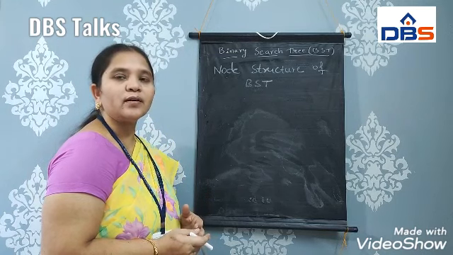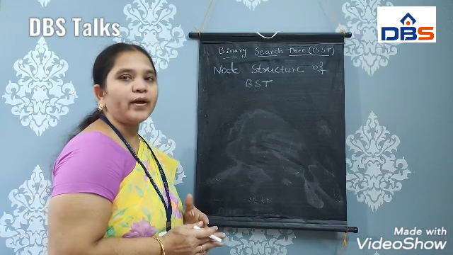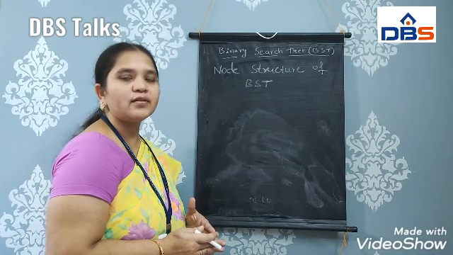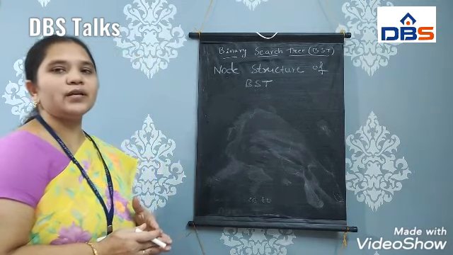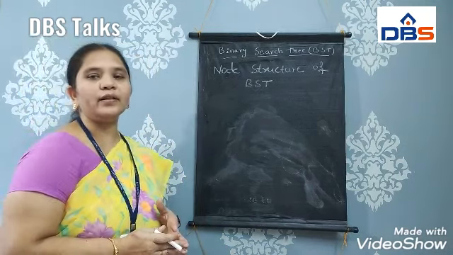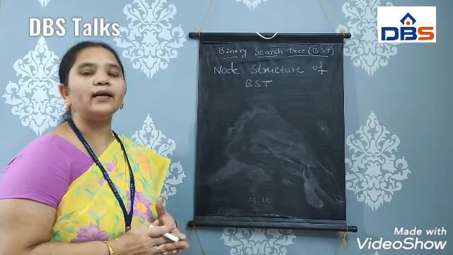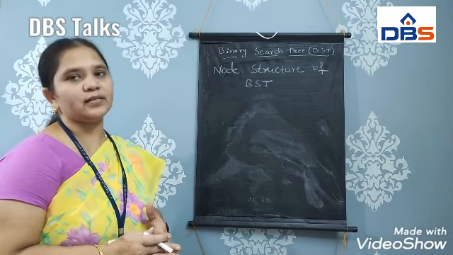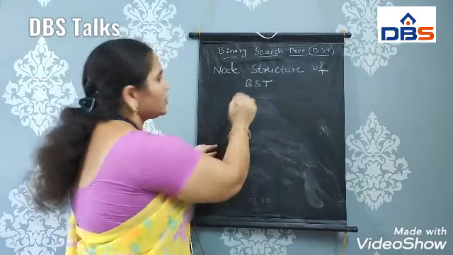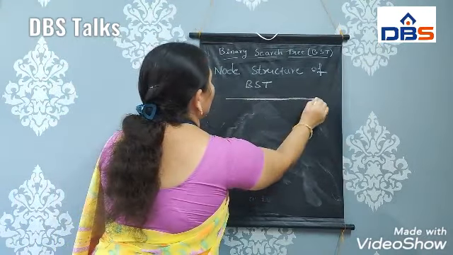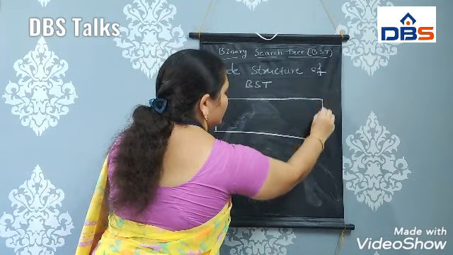Already we discussed that by using self-referential structures, we are going to create the node. The binary search tree also has different types of nodes, but each node contains 3 fields. What are those? This is the node structure of a binary search tree.